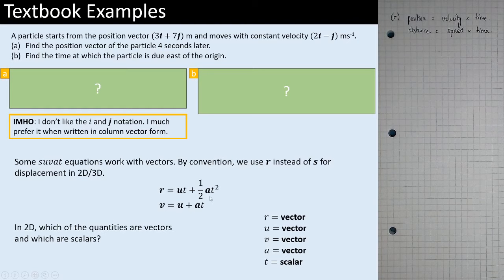We can do that because we can just square a number, but we cannot square a vector. So that means that we can't use the v squared equals u squared plus 2as one. We can't use that equation anymore. So what we're going to do now is get straight into looking at a vector example involving SUVAT, and then we're going to give ourselves some time to have a look at some problems as well.